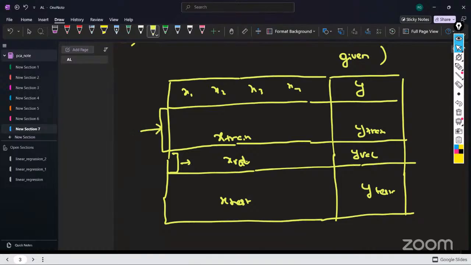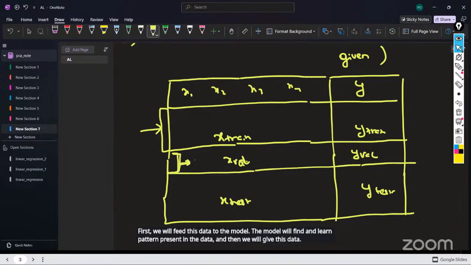First, we will feed this data to the model. The model will find and learn the patterns present in the data, and then we will give the validation data to the model, and the model will check what accuracy you are getting. Is it a correct prediction? Whether the model is able to learn the pattern properly or not? For that, we will go for validation.